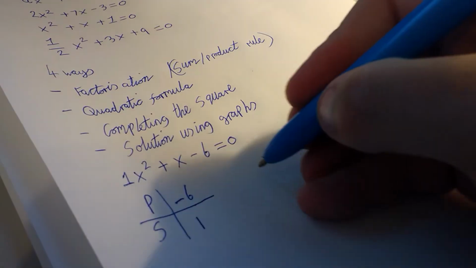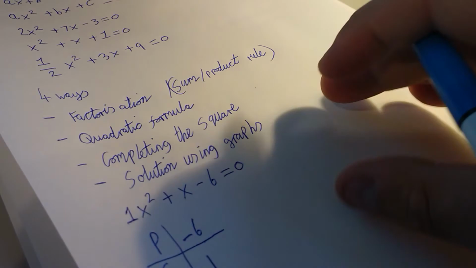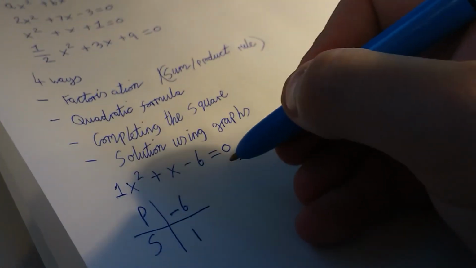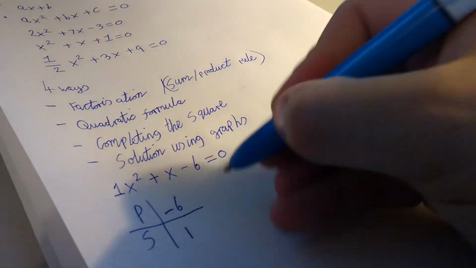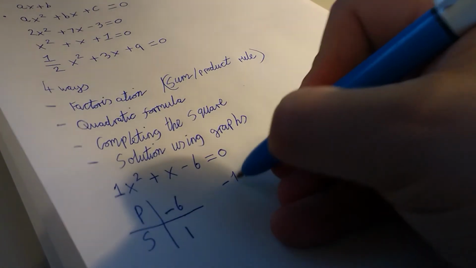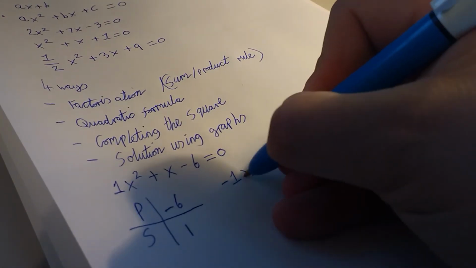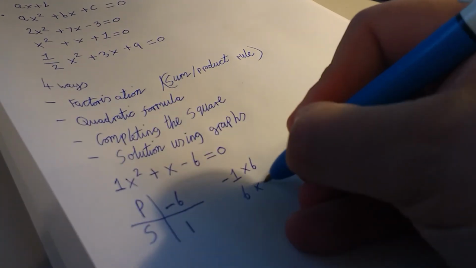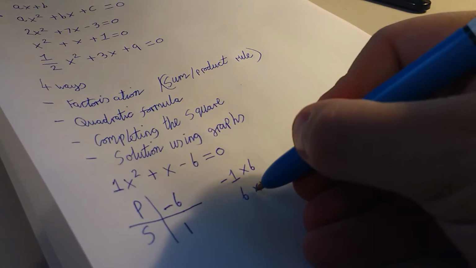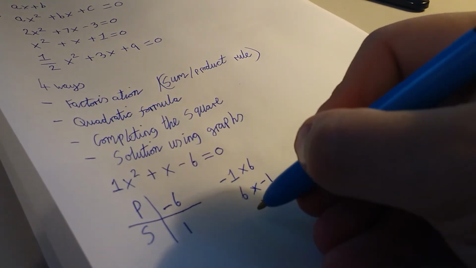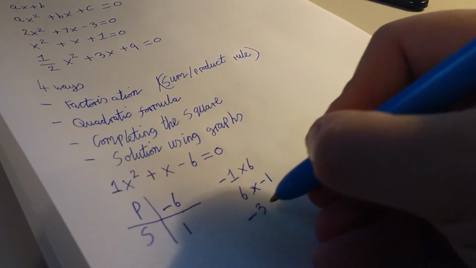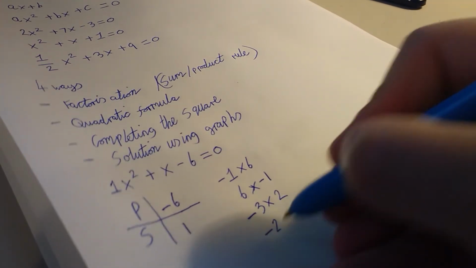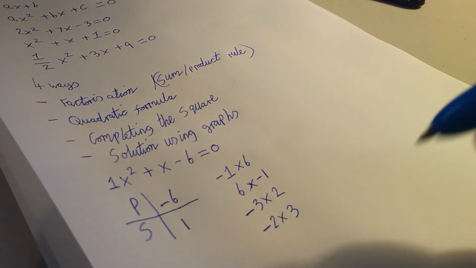So we can list all the factors of minus 6. In order to get minus 6, we can do minus 1 times 6. We can do 6 times minus 1. We can do minus 3 times 2. Or we can do minus 2 times 3.